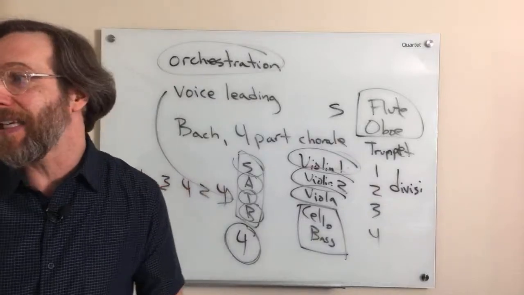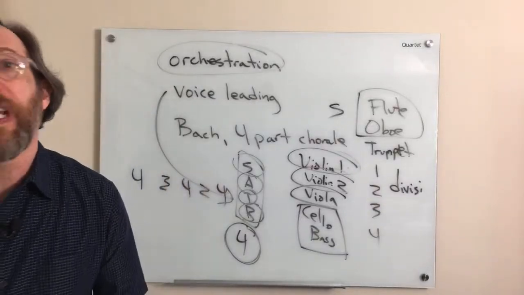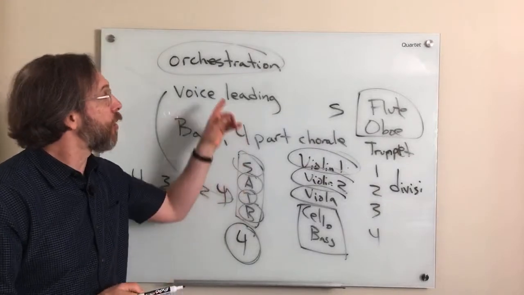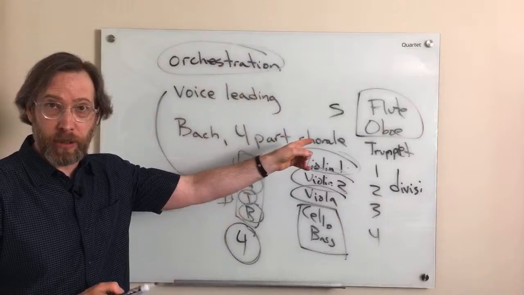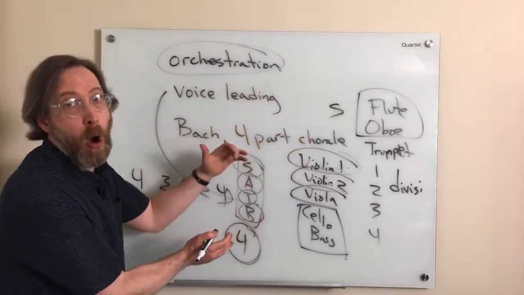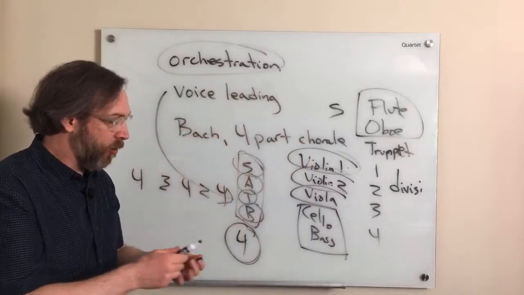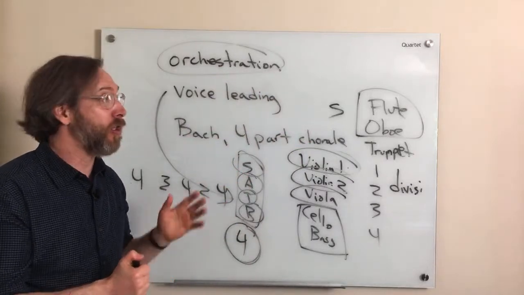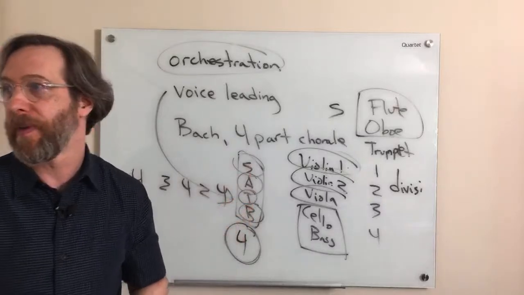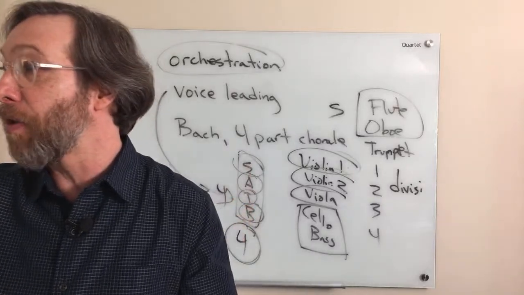So my guess is that the reason you see so many parallel octaves, fifths, and unisons is that you're observing an orchestrational technique as opposed to the actual voice leading of the 4-part harmony. You will see some of it in the 4-part, but not a lot. All right, hopefully that answered that question. It was a good one.